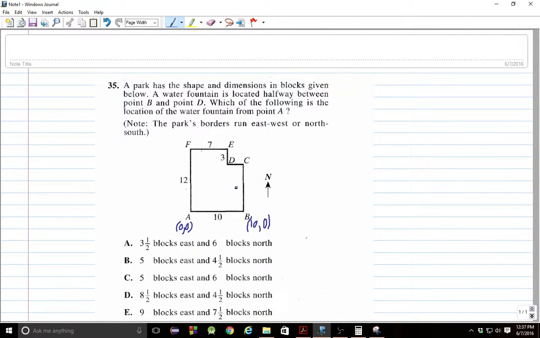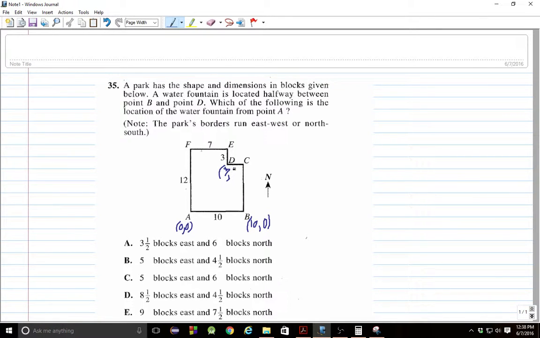And what we're looking for is, first of all, let's just find the coordinates of point D over here. We have to subtract 3 from 12 to get its y coordinate, and we have to subtract 7 from 10 to get its x coordinate. The x coordinate is 10 minus 3, which is 7, because we're 7 to the right.